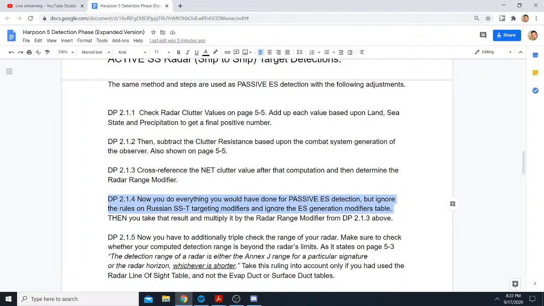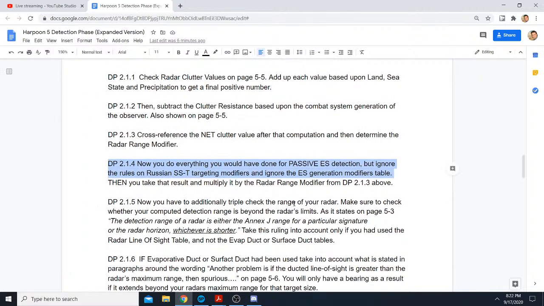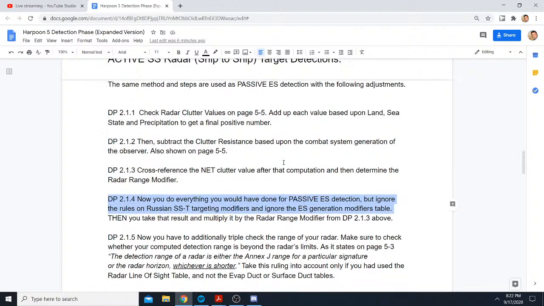What you will still need to check is whether or not you are an OTHT, an over-the-horizon system, and that's specifically for FC, for targeting, but we'll talk about that very briefly at the end. The other difference is that there's radar clutter involved.